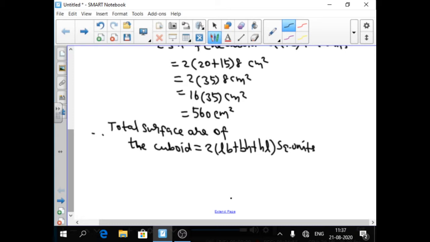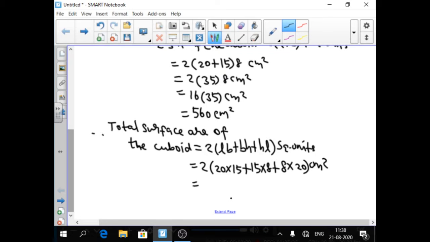So already known, length is 20 centimeter, breadth is 15 centimeter, height is 8 centimeter. So substitute the values: 2 times of (20 into 15 plus 15 into 8 plus 8 into 20). Square units means centimeter square.